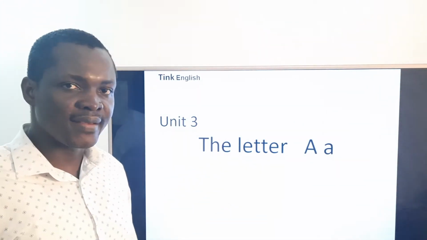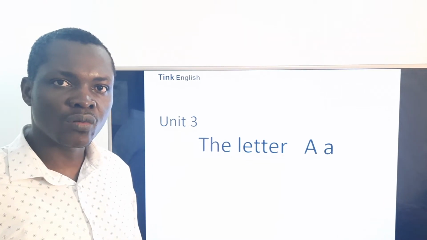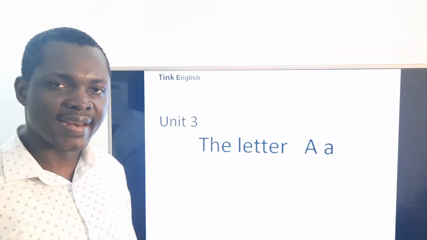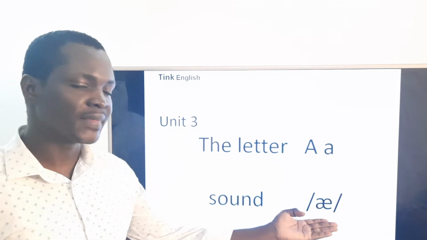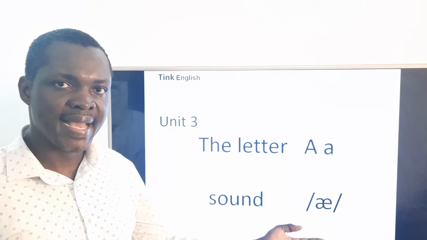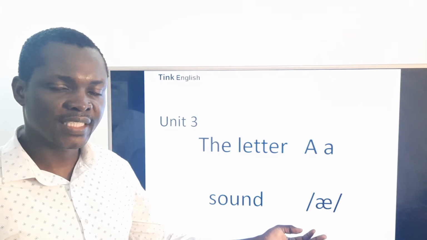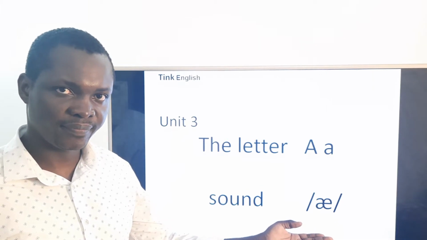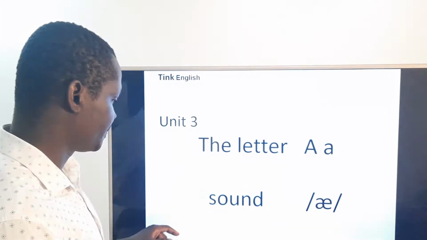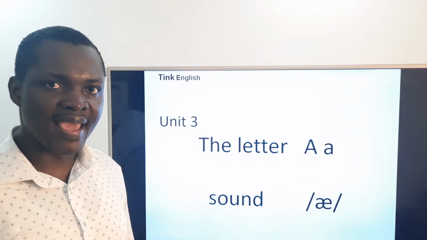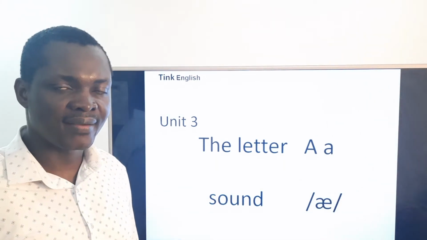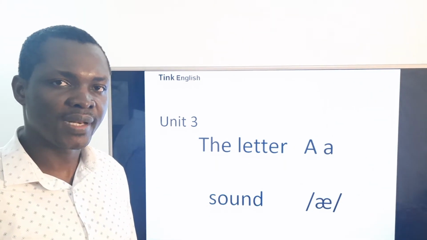The letter A is a vowel letter and it is sound A. A. A. Can you try? Good. Here are some words that have the letter A and the sound A in them. Let's have a look.